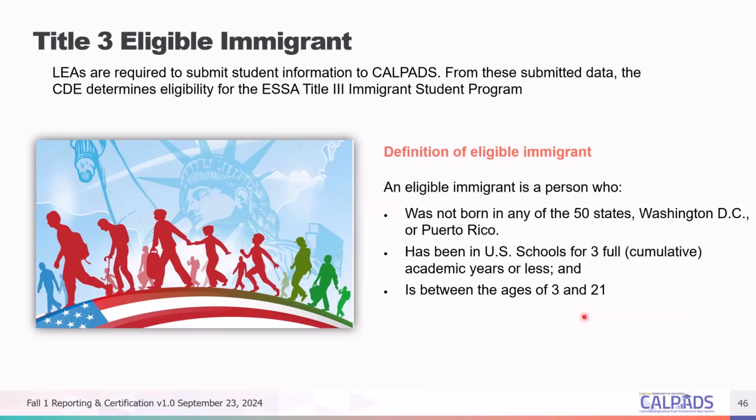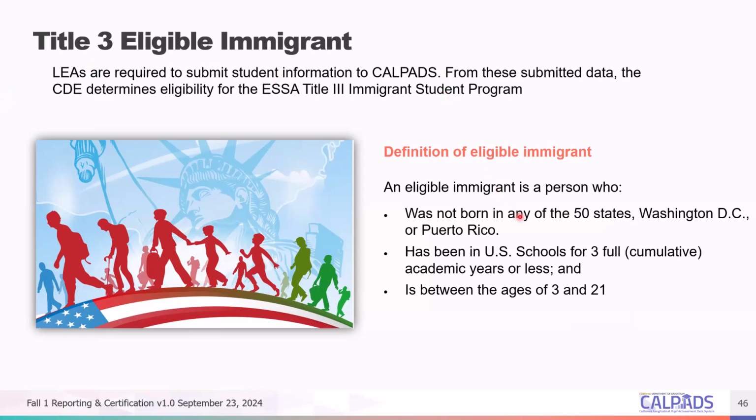So any student who is foreign born, meaning they were born outside of the 50 states, Washington, D.C., and Puerto Rico, and whose cumulative academic years in US schools for 3 years cumulative indicator is a yes, and their age is between 3 and 21, are automatically counted as Title III eligible immigrant.